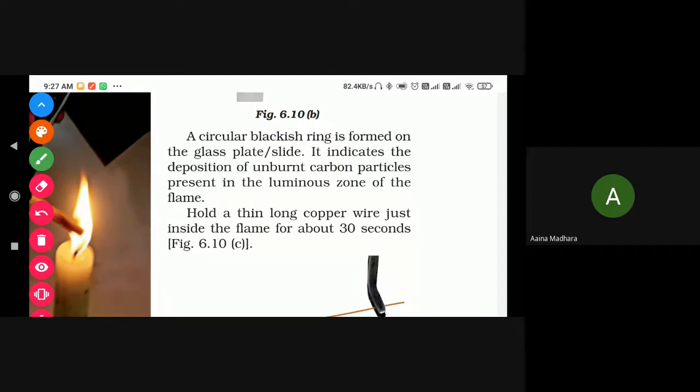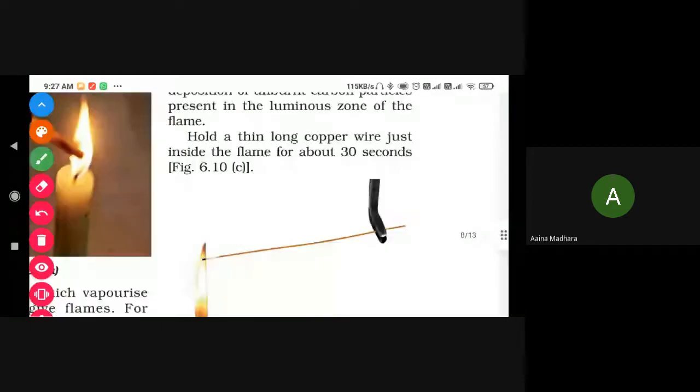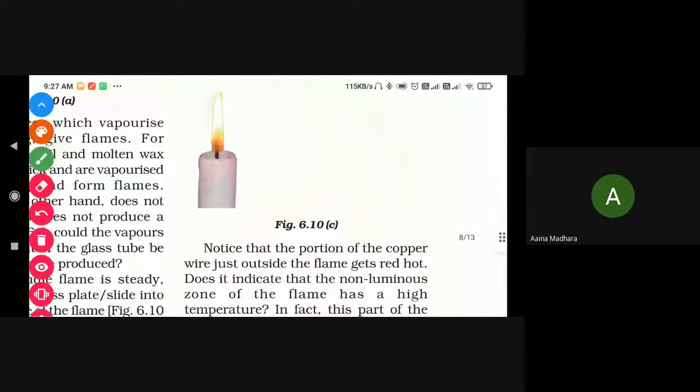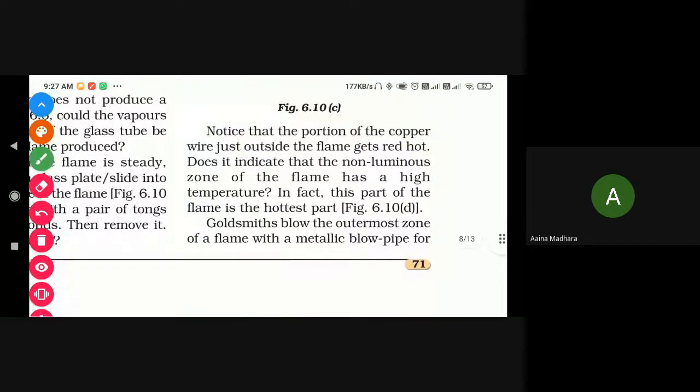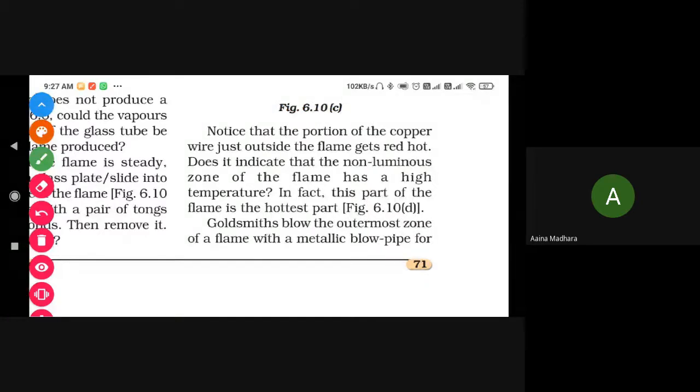Hold a thin, long copper wire just inside the flame for about 30 seconds, figure 6.10. Just read the last paragraph and then we'll discuss in the next lecture. Notice that the portion of the copper wire just outside the flame gets red hot.